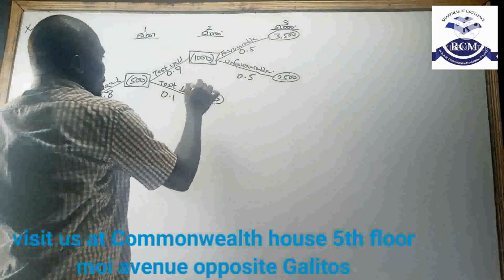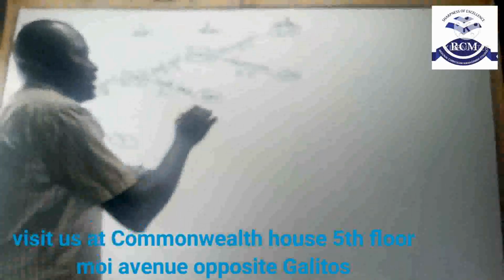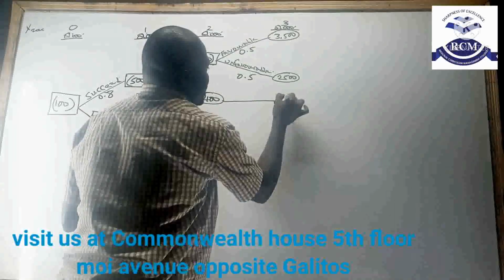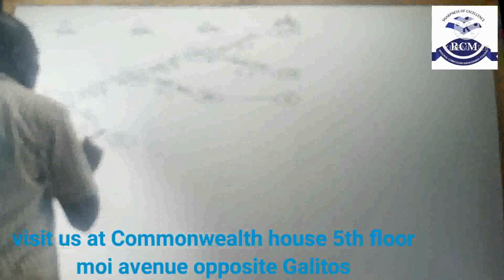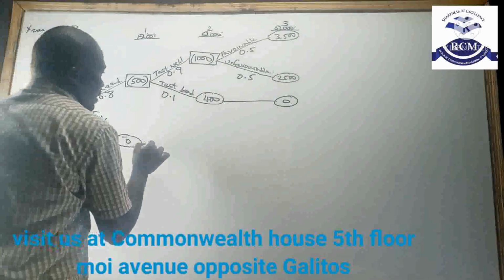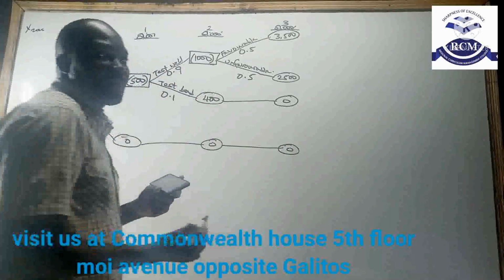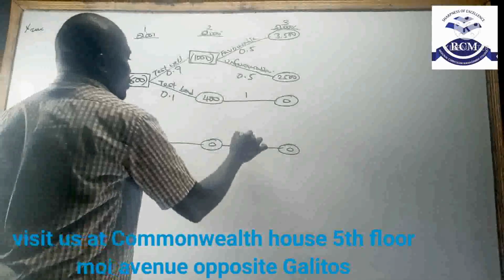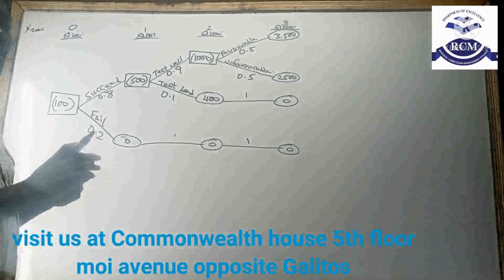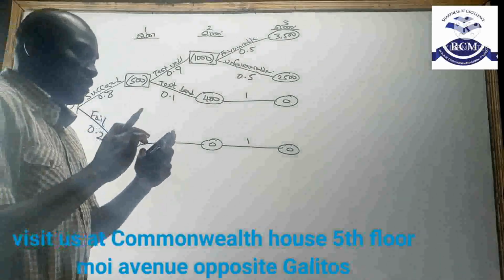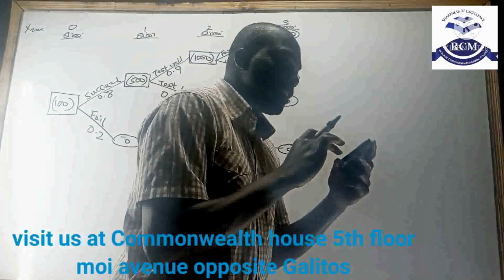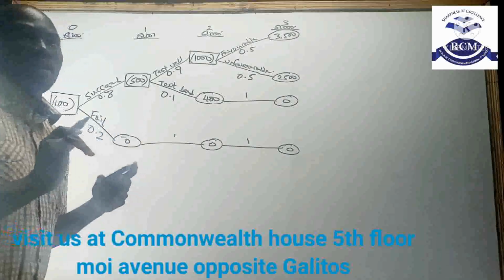So if it failed in the first phase, then I get nothing in year 2, I get nothing in year 3. The total probability here is 1. So they wanted us to construct a decision tree to depict the payoffs and hence determine the expected NPV of the product.